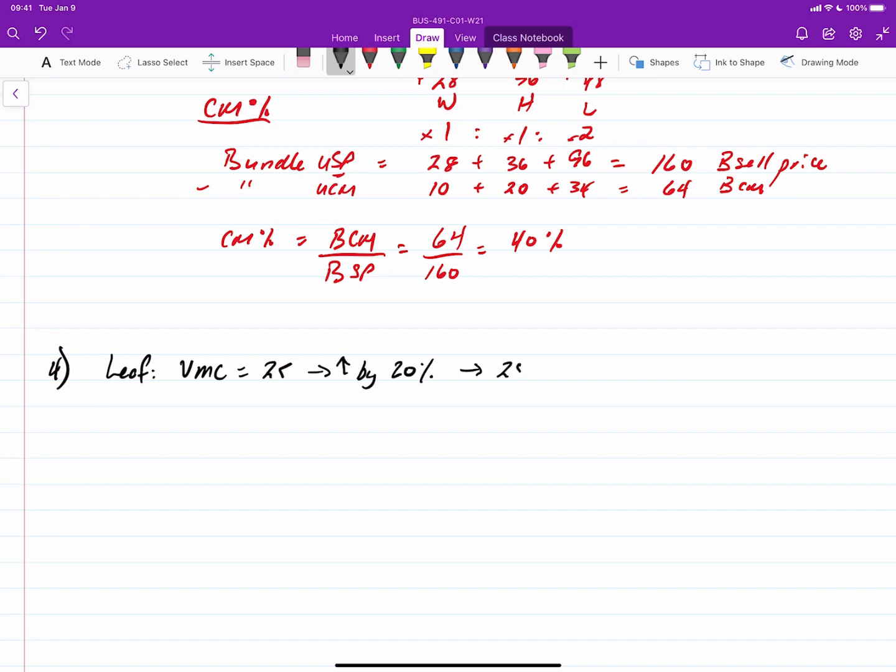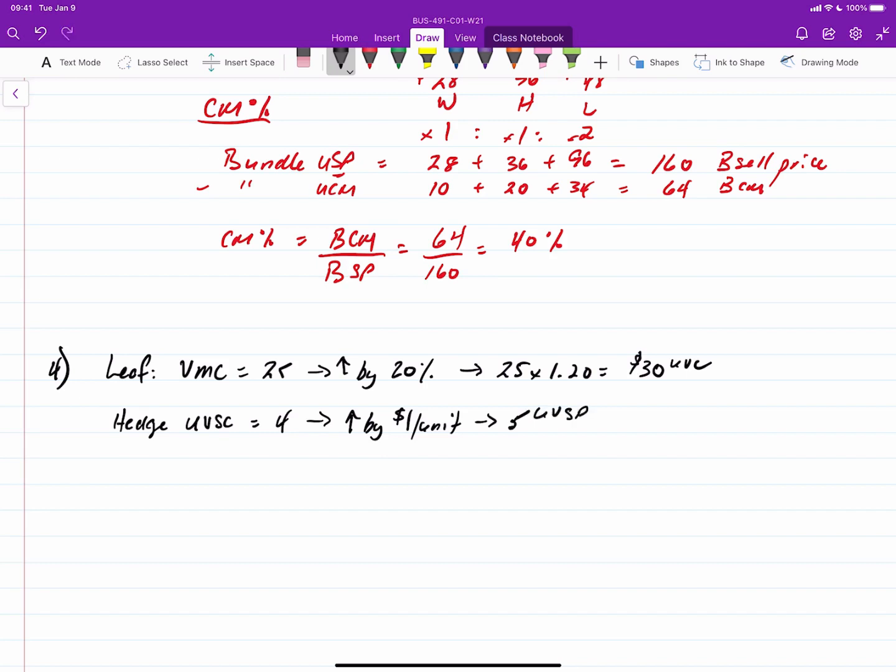Therefore, 25 times 1.20 gives us a new unit variable cost of $30. At the same time, for the hedge clippers, right now our unit variable selling cost is equal to $4, and the data tells us that it's going to decrease by $1 per unit. Therefore, we're looking at a $3 unit variable selling cost.